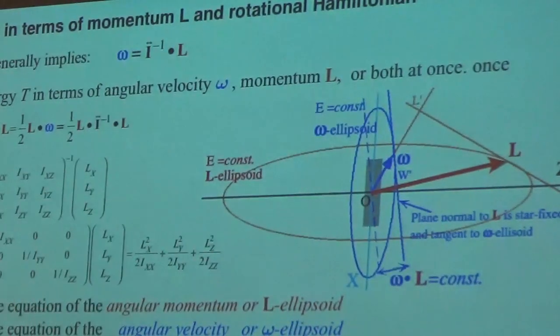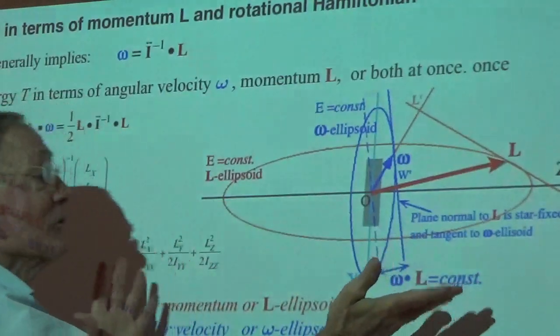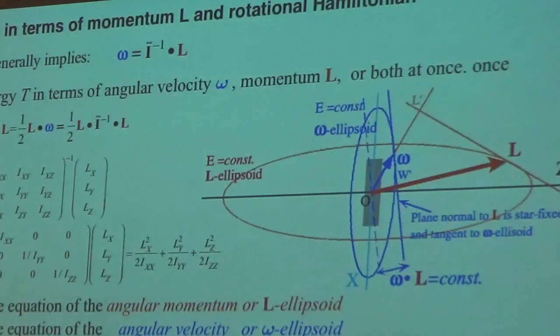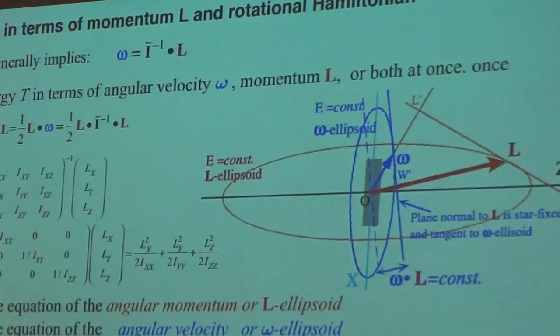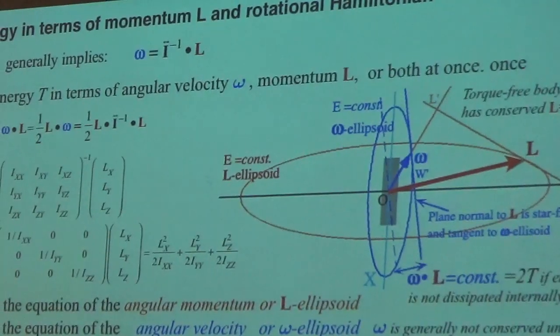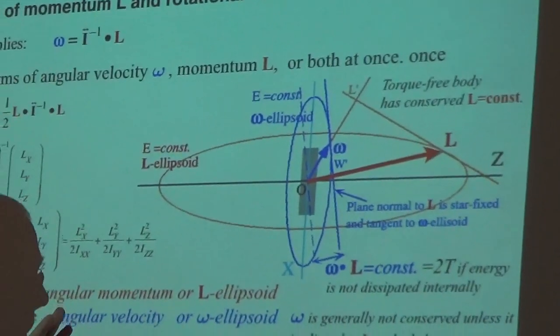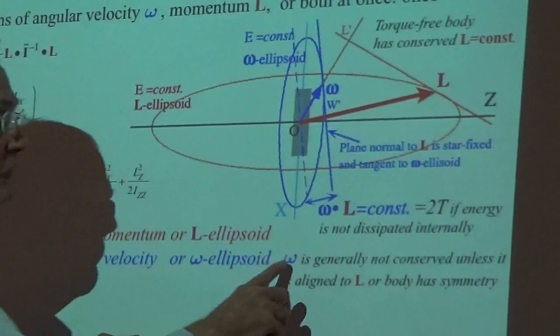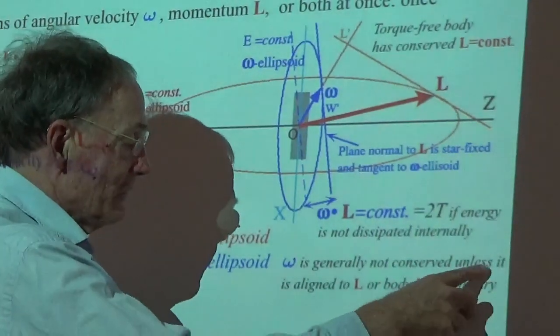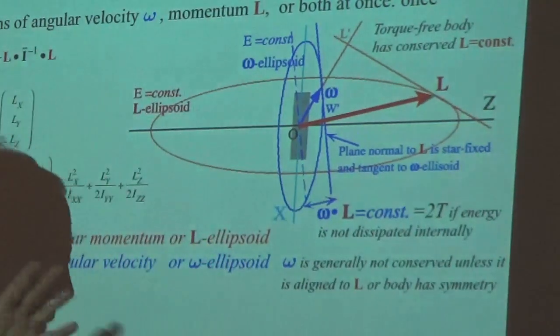This is your Hamiltonian Lagrangian mishmash. And there's an omega dot L, there's a Poincare relationship with this. We won't do too much with that right here. That's something that's in the text for other uses. So what you make use of here, however, is that omega is generally not conserved unless it is aligned to the L, or the body has symmetry.